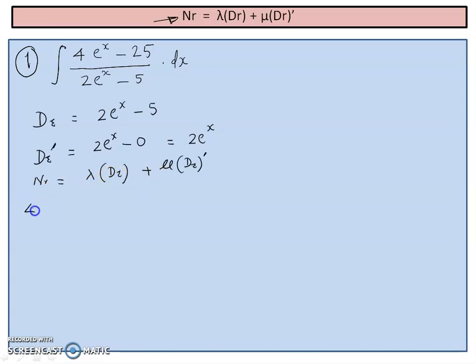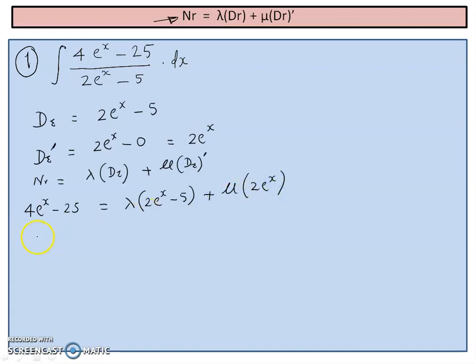Numerator 4e raised to x minus 25 will be equal to lambda times denominator 2e raised to x minus 5 plus mu times 2e raised to x.